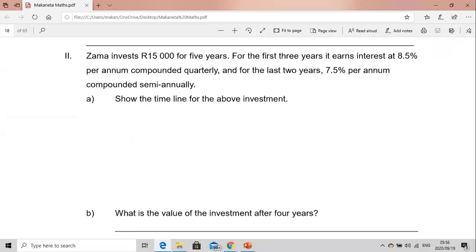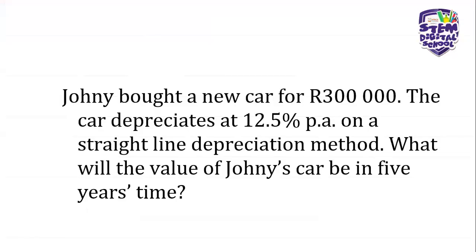For now, I'm just going to look at the last example here. Once again, Johnny buys a car for 300,000 rands. And now we look at a different depreciation value. Remember when I started this lesson, I started with straight line depreciation, as well as reducing balance depreciation.